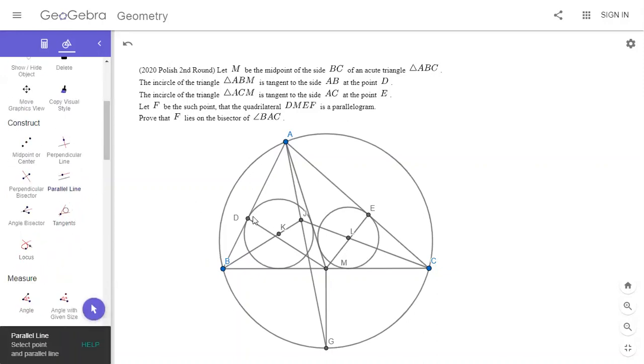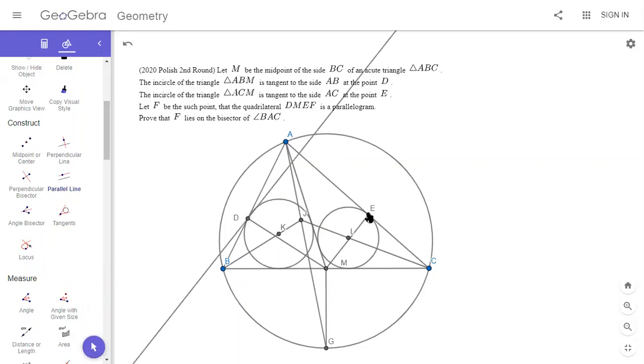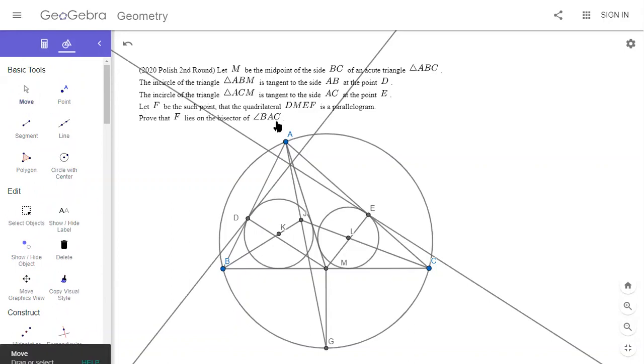Just going to draw it in just for the heck of it. It's like a concurrence problem.